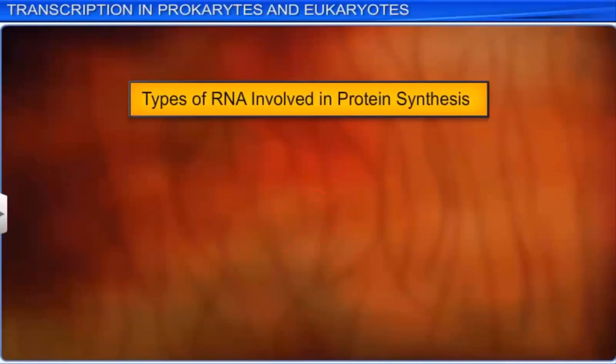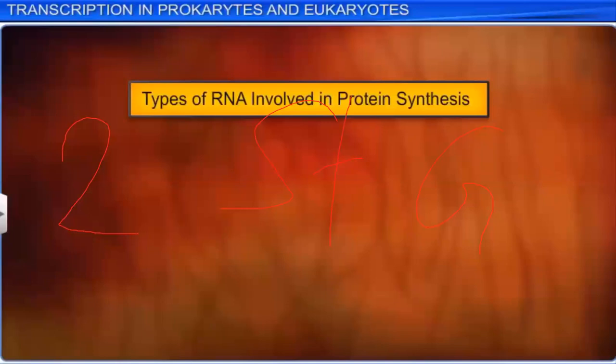Then comes the next point. The second part of the transcriptional unit is the structural gene. The structural gene actually codes for the type of protein to be produced.